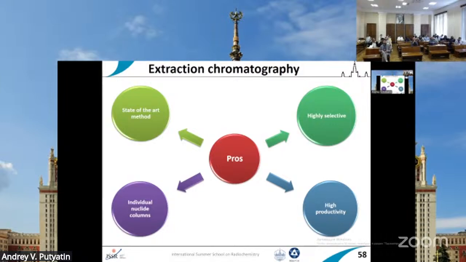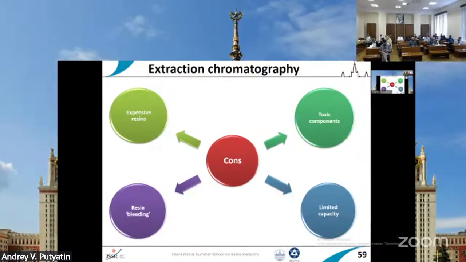So the good points: it is a very selective, very productive method. Today there are some commercial resins where you can just buy a cartridge and use it to separate your individual radionuclide. But the drawbacks: it is very expensive. Today the price is very high for these resins. These resins cannot be used multiple times.